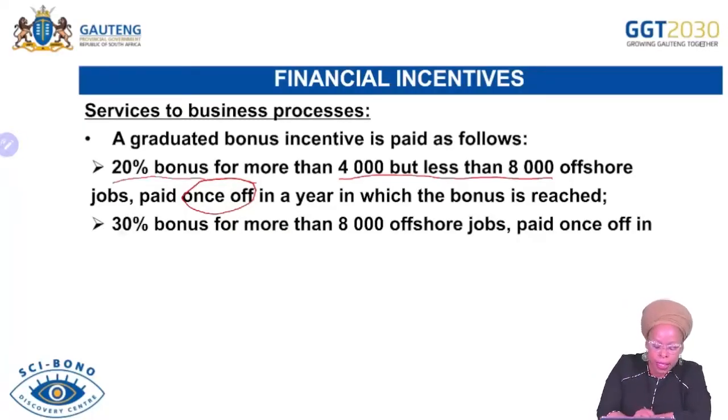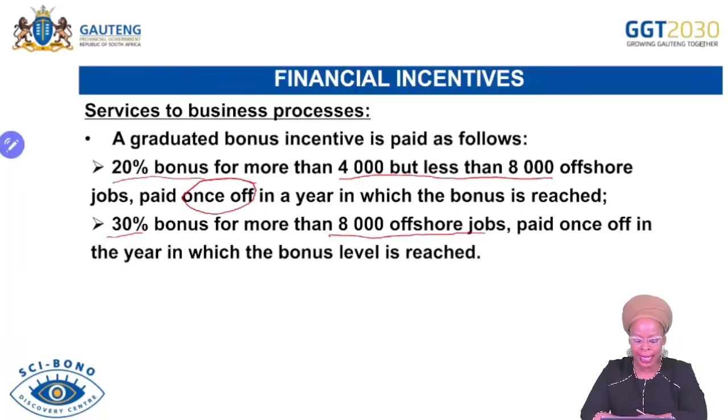And then it also pays a 30% bonus only if more than 8,000 offshore jobs are created, but it is a once-off payment in that particular year. So meaning that if in the following year no jobs are created, the bonus will not be payable.